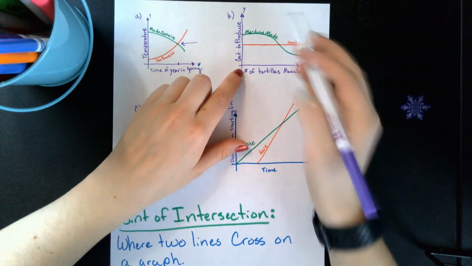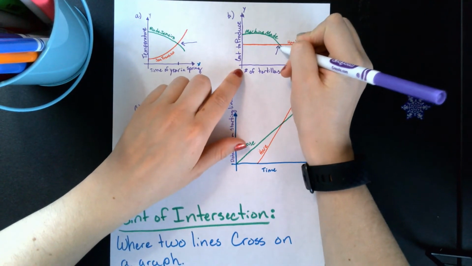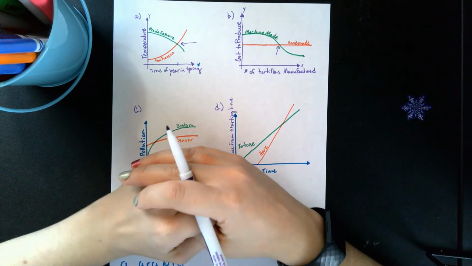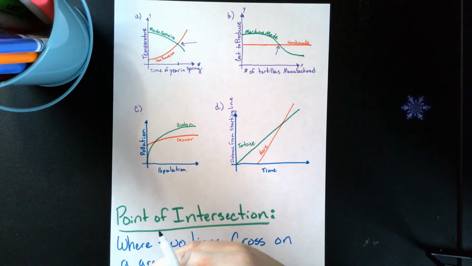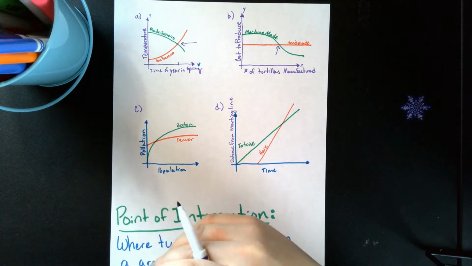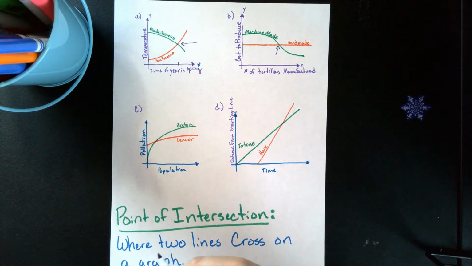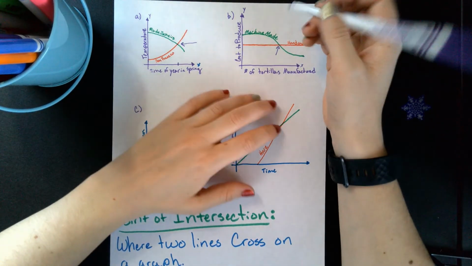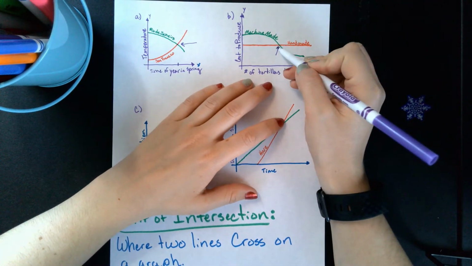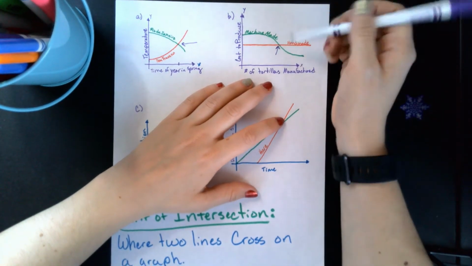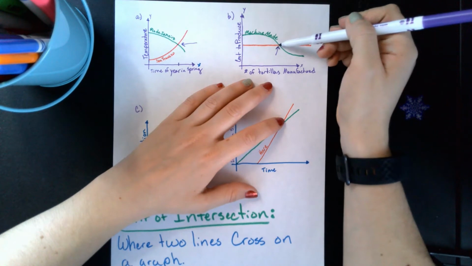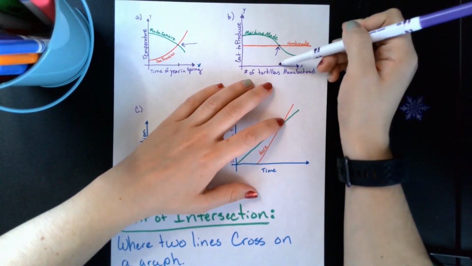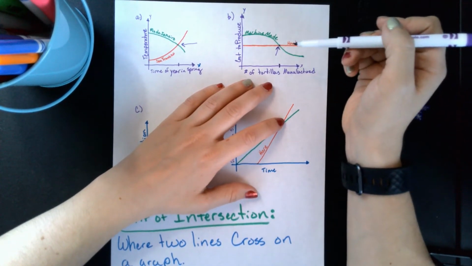So, what you guys are going to tell me is, what does this point of intersection represent? Okay, hopefully you told me that this point of intersection represents where machine-made and handmade tortillas cost the exact same amount for the exact same amount of tortillas.